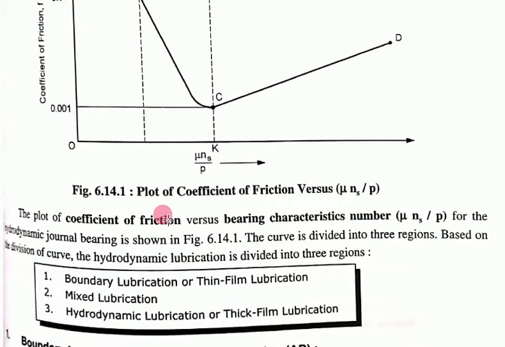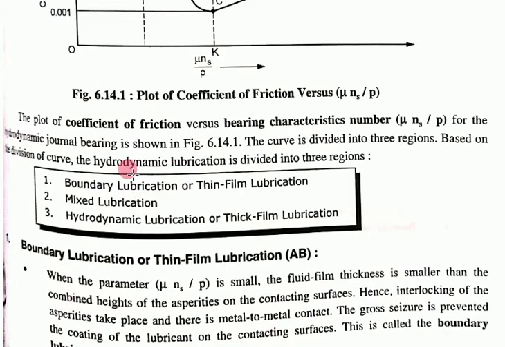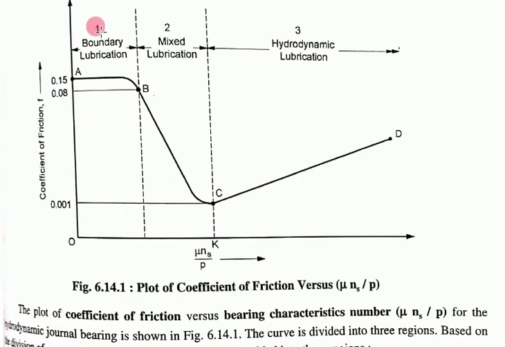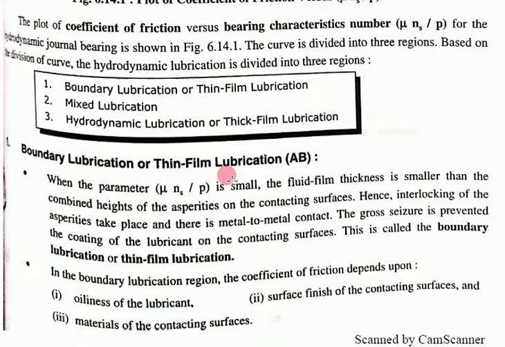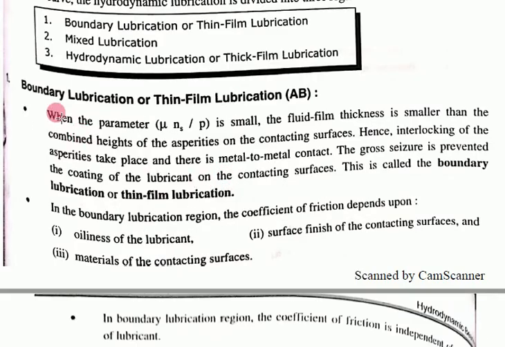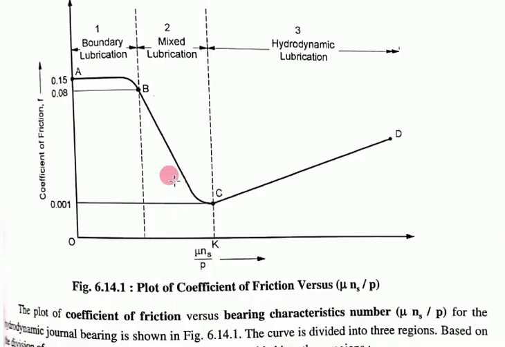Here the hydrodynamic lubrication is divided into three regions. First is boundary lubrication, second is mixed lubrication, and third one is hydrodynamic lubrication. So what is boundary lubrication? In boundary lubrication the friction is so high, around 0.15.